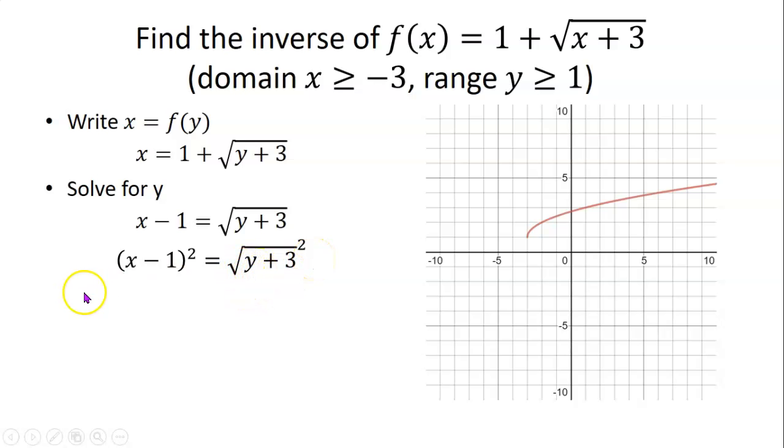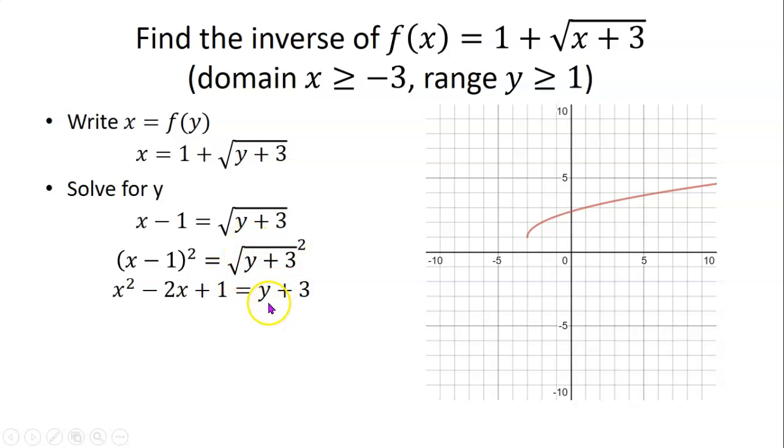And when you take x minus 1 and square it, if you multiply that out, remember it's not just x squared minus 1 squared. It is x squared minus 2 times x times 1 plus 1 squared, so x squared minus 2x plus 1. And then over here, squaring cancels out the square root.